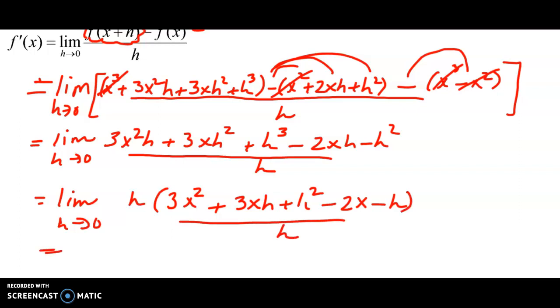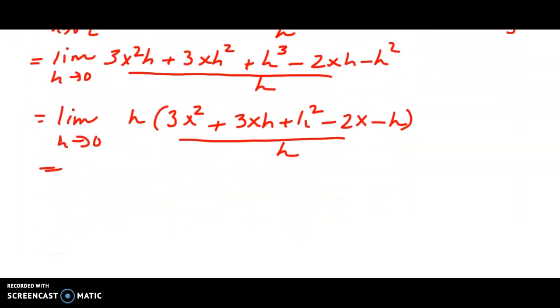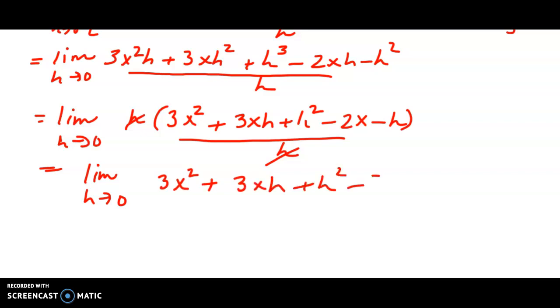So I'm going to keep going with my derivative. I get the limit as h goes to 0, the h's cancel, which is the goal, and I'm left with 3x squared, 3xh, h squared, minus 2x, minus h.